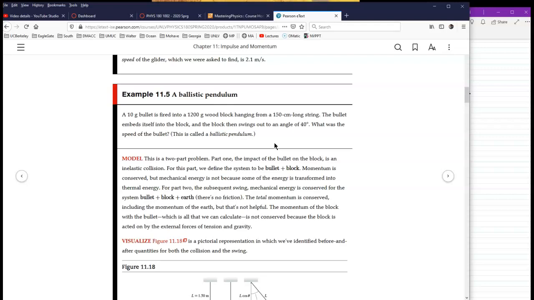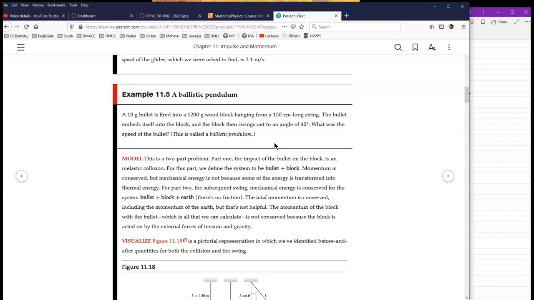I think it was a smaller gun, maybe 22 millimeter. He had us all go behind him, and he shot the bullet right in the lab on a ballistic pendulum to measure the speed of that bullet. We actually did that in class. Of course, you could never do that nowadays, right?